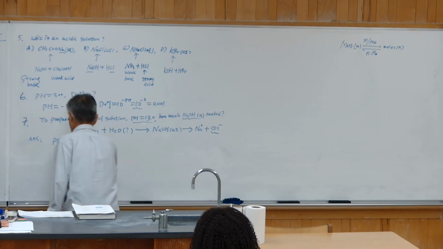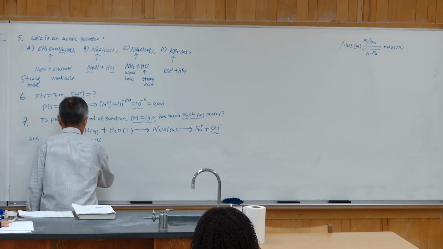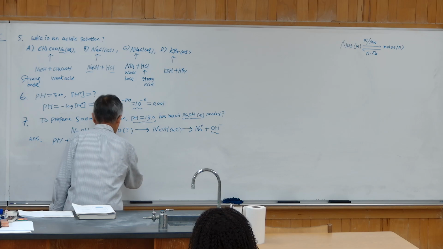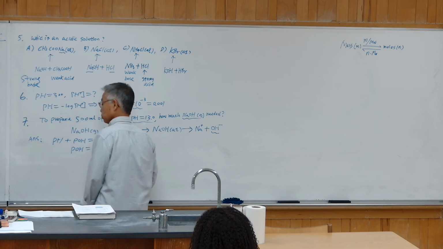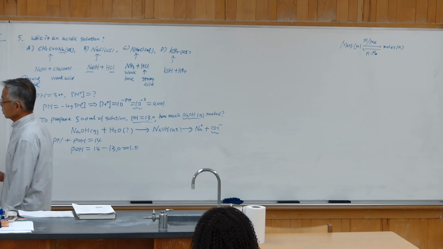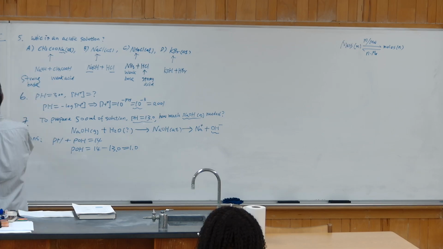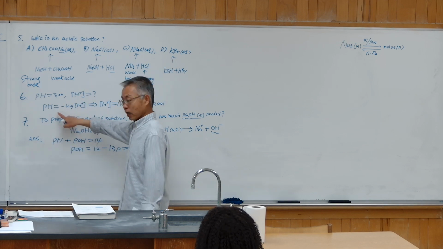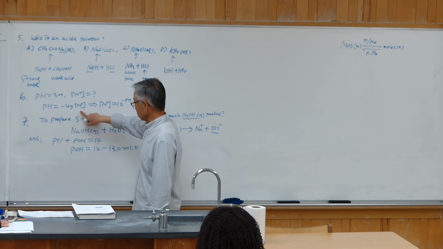Then pOH is 14 minus pH 13, which is 1. Similar to pH, the pOH is the negative log of OH.